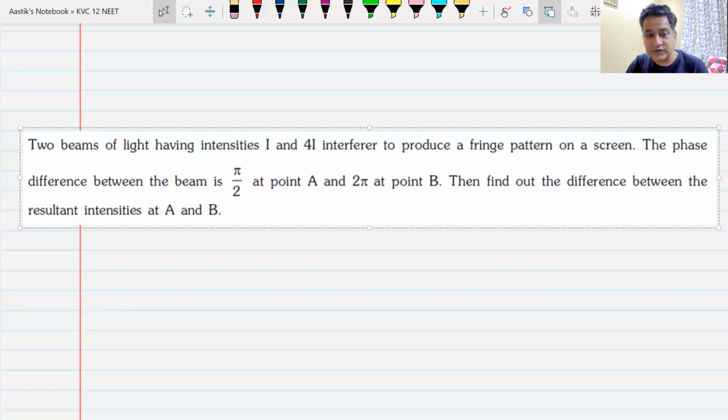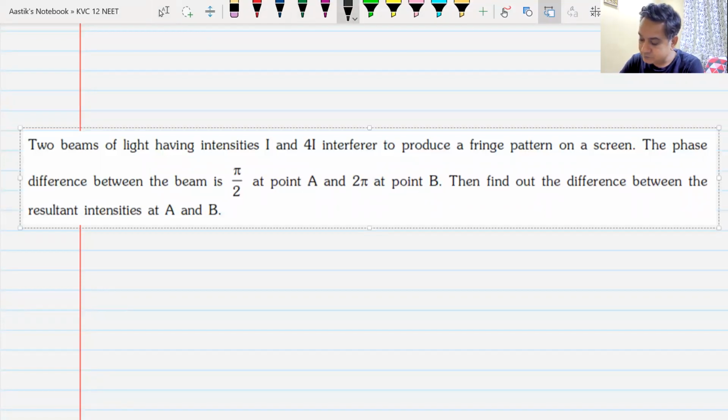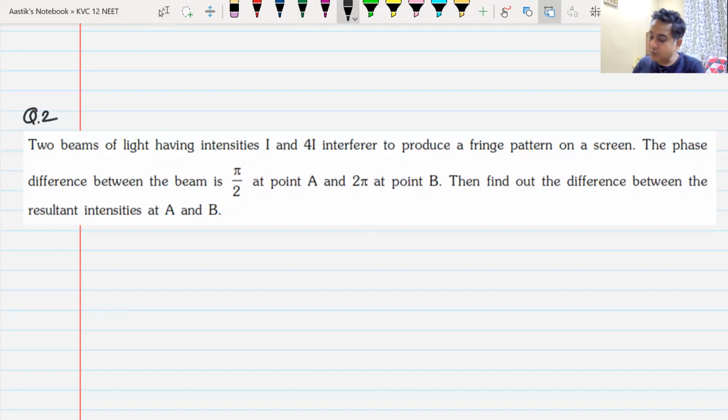And here comes the next one in this category. Two beams of light having intensities I and 4I. Remember, they don't have the same intensity. One of the waves has intensity I, the other wave has intensity 4I. They interfere to produce a fringe pattern. What do you mean by a fringe pattern? We don't know, but we will get to know about it. It's just a term.